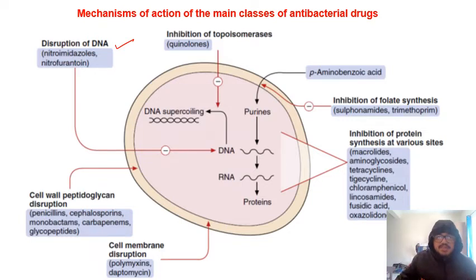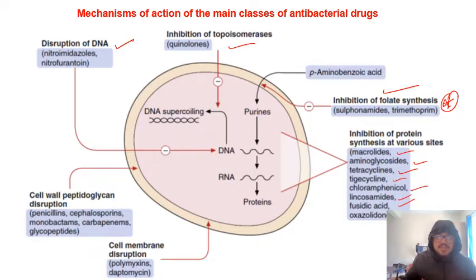They may inhibit the topoisomerase enzymes, like quinolones, and they may inhibit folate synthesis, like sulfonamides and trimethoprim. This is already over for us. And then they can inhibit protein synthesis at various sites, like macrolides, aminoglycosides, tetracycline, tigecycline, chloramphenicol, lincosamide, fusidic acid.